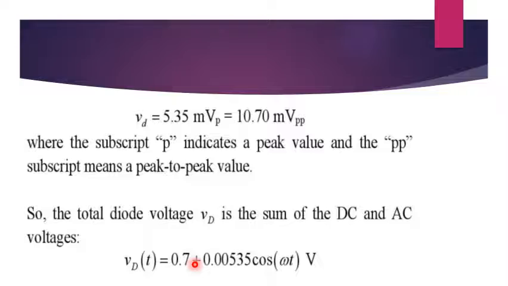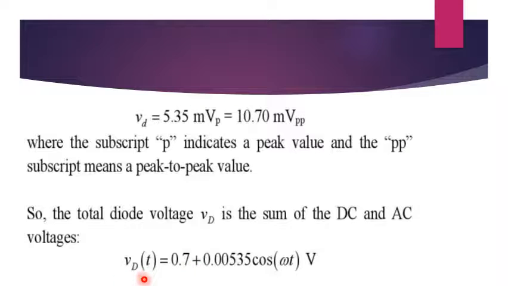When you go for AC signal analysis, you don't consider the DC. In case there is any DC voltage source, you short circuit it. In case of any current source, you open circuit it. That is the point you need to always remember.